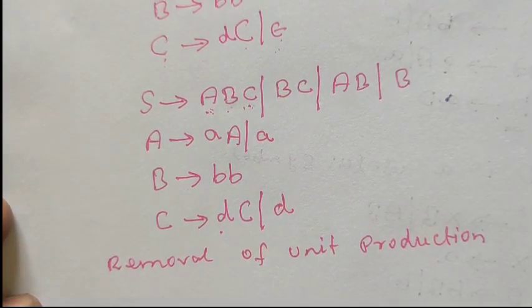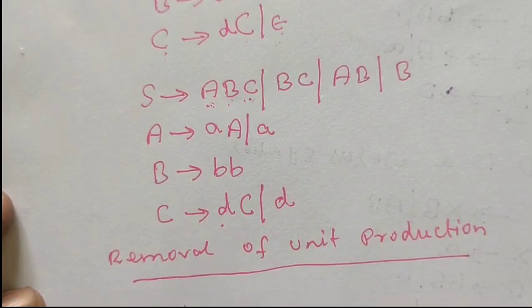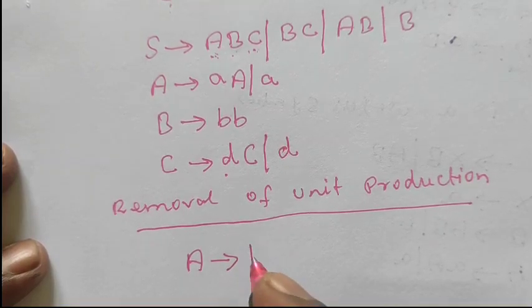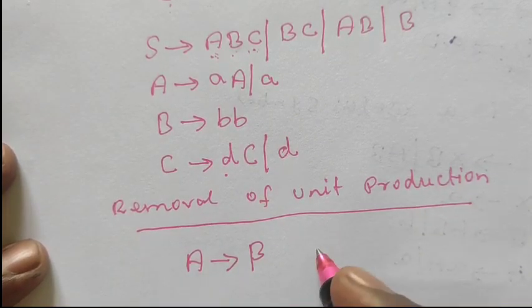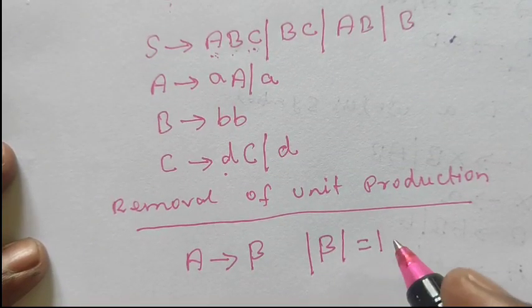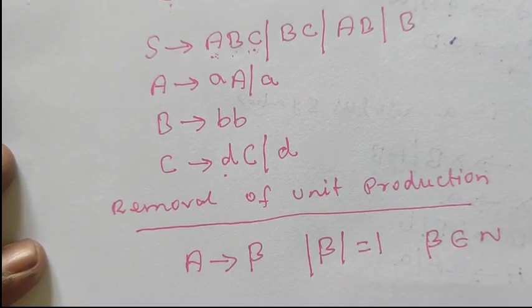So what is removal of unit production? Say, for example, if a production is of the form A tends to beta, where beta is equivalent to only one non-terminal on the right side. So the length of beta should be 1, and this beta should belong to a non-terminal.